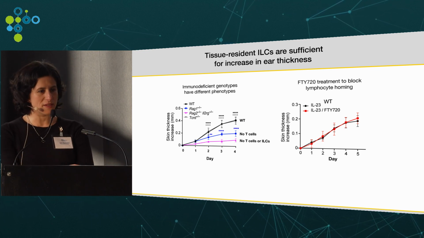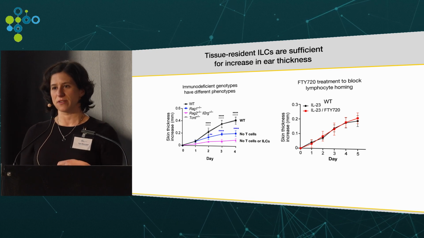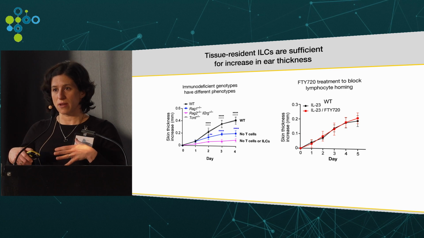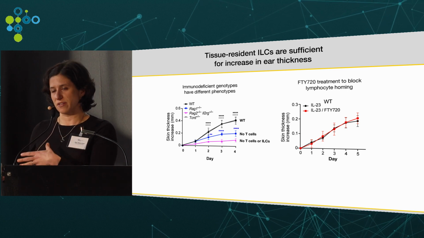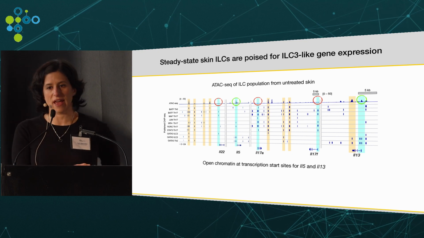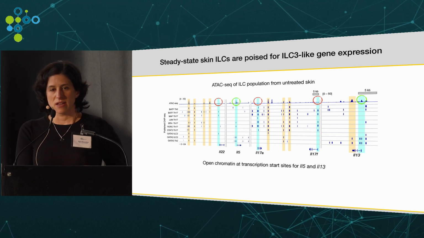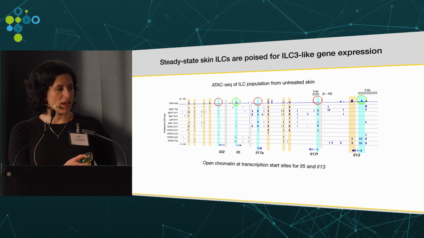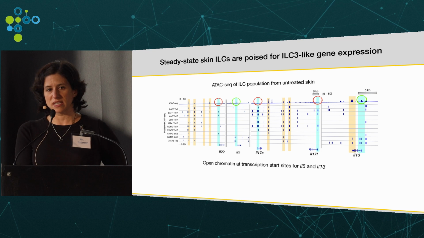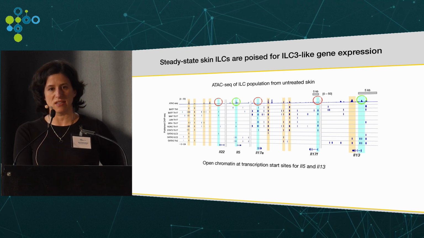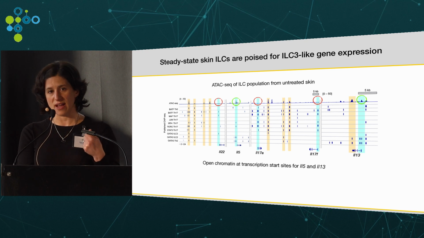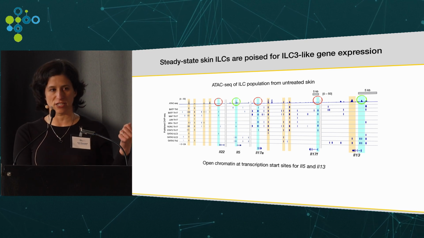OK, so that leaves the possibility that they're either getting expanded, or that perhaps the population that's there is actually poised to become this other type of ILC. And we see exactly that evidence in the ATAC-seq data. In the untreated wild-type mice, you basically only see open chromatin at the transcription start sites for type 2 cytokines like IL-5 and IL-13, which are characteristic of ILC2s.